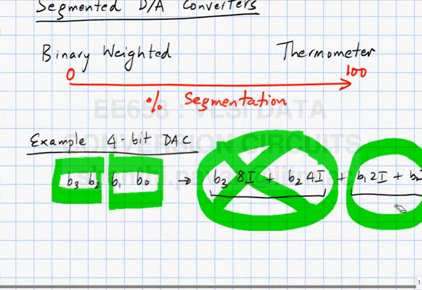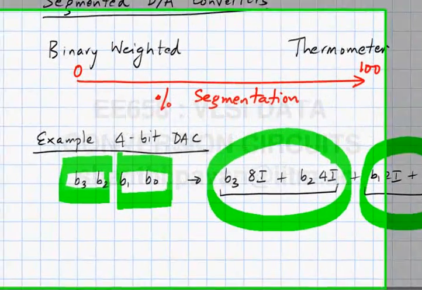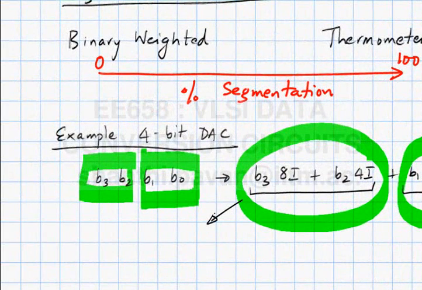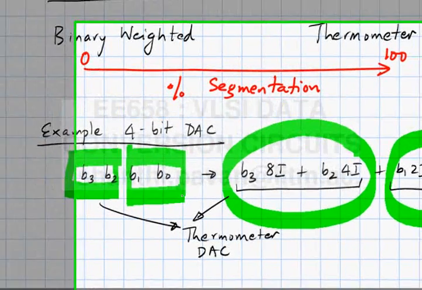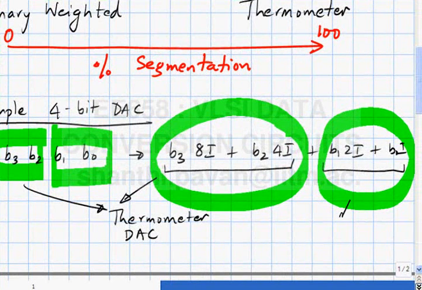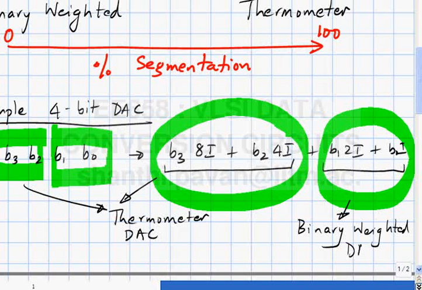So let's see what happens when I implement this as a full thermometer DAC, and this as a binary weighted DAC.